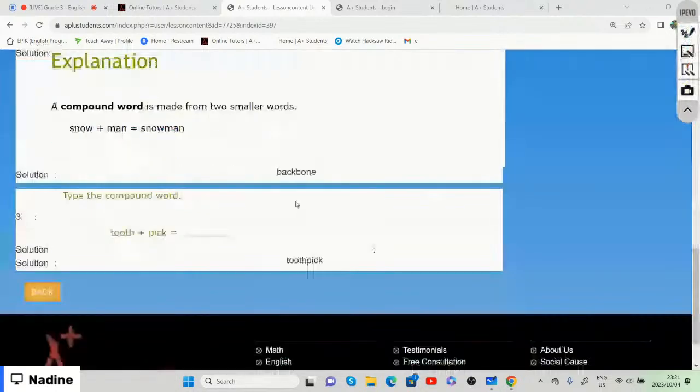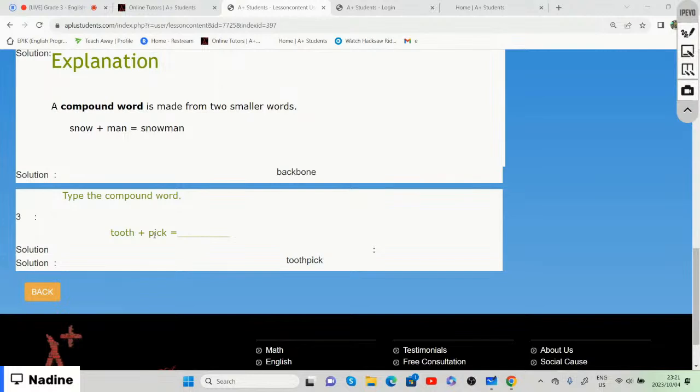Then we have tooth plus pick. What is tooth plus pick? A little object that we use when meat is sitting by our teeth. We need to find our compound word.